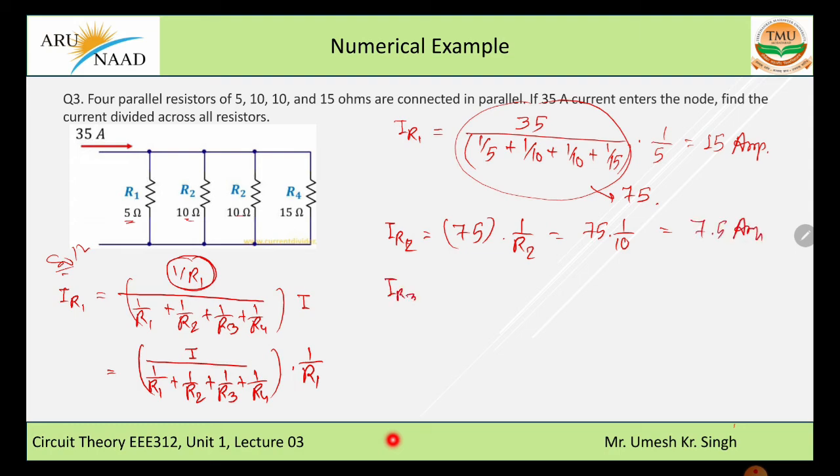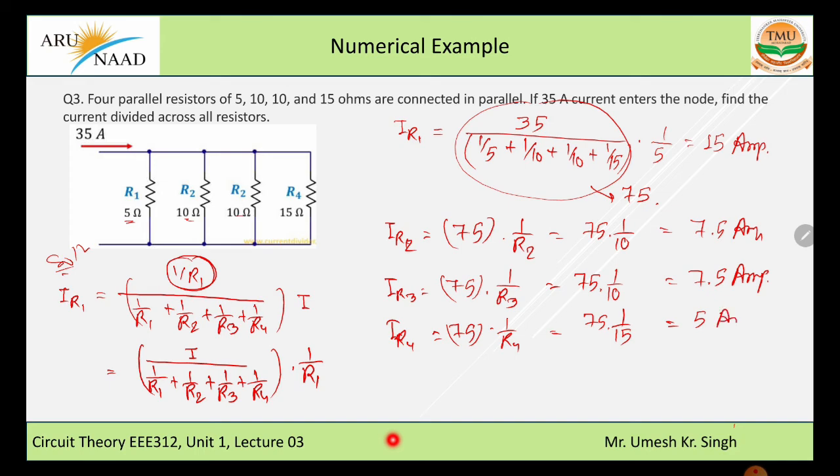Again for R3, we multiply this by 1 upon R3 and R3 is again 10, so this will be again 7.5 ampere, and IR4 is 75 into 1 upon R4 and this value will be 1 upon 15, so 5 ampere. And when we add all these values, we will get that the total current is 35 ampere, which justifies our answer.